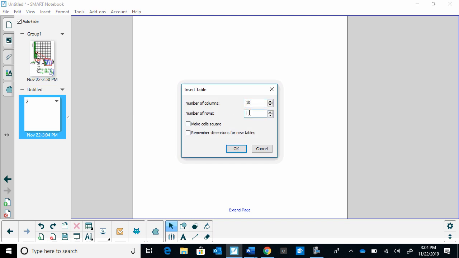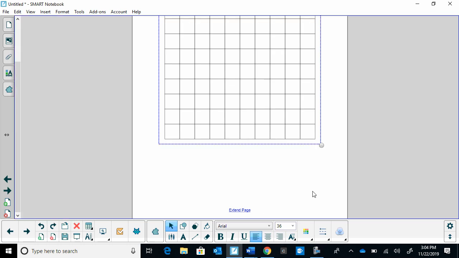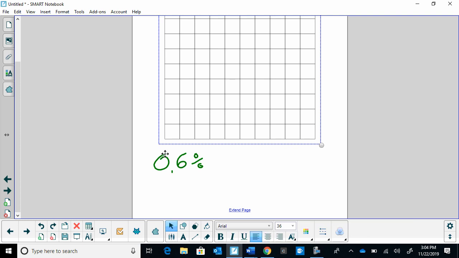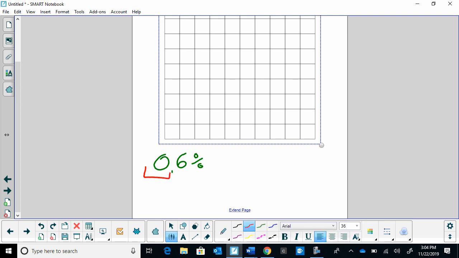But I'm asked to represent on this table 0.6%. What I look at is the fact that there are 0 whole squares colored in here. That's the number of whole squares. Then I look after that decimal. I'm working within one teeny tiny square, and then I put this over 100. Whatever's after that decimal point is over 100.